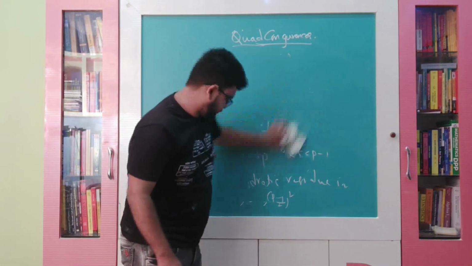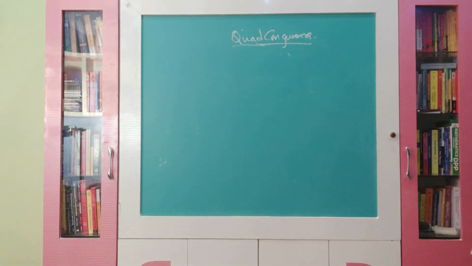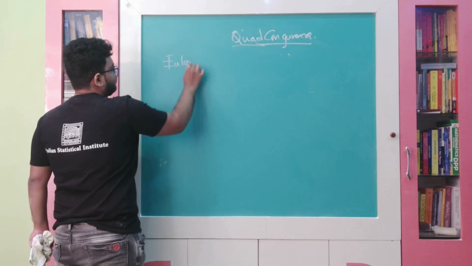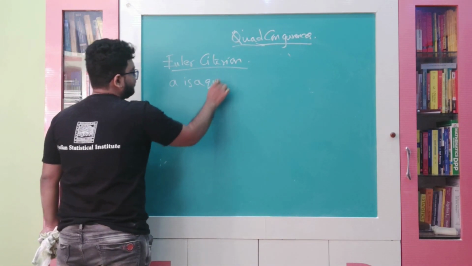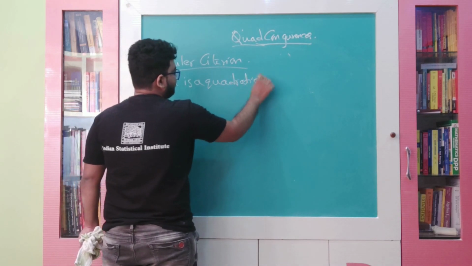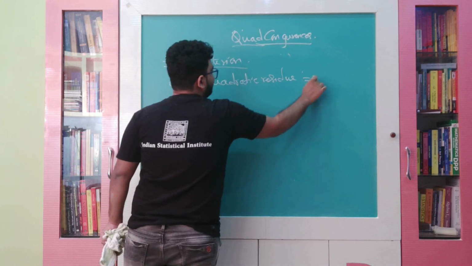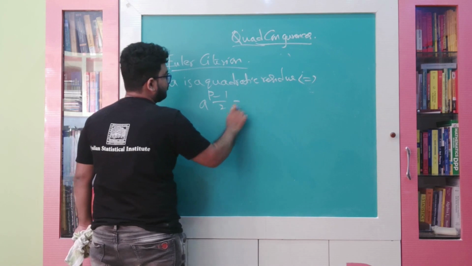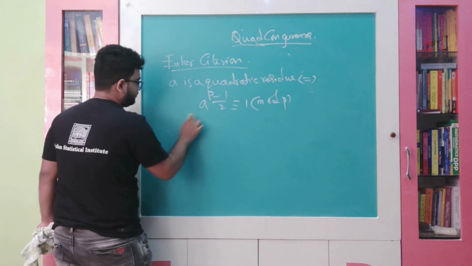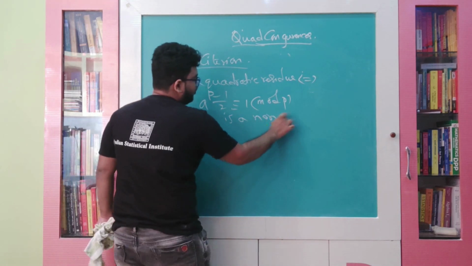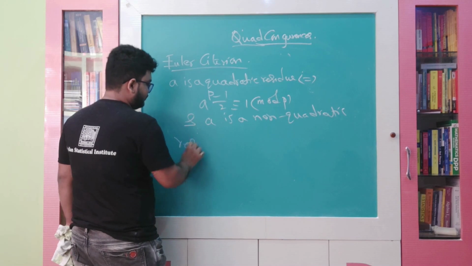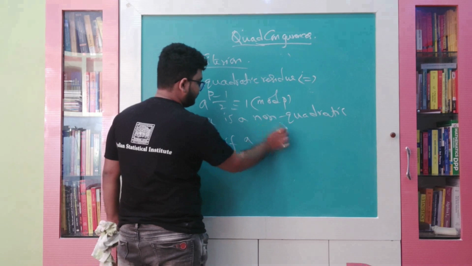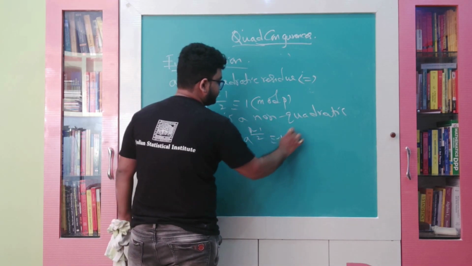Now, Euler's criterion says that a is a quadratic residue if and only if a to the power (p minus 1)/2 is congruent to 1 mod p, and a is a non-quadratic residue if a to the power (p minus 1)/2 is congruent to minus 1 modulo p.